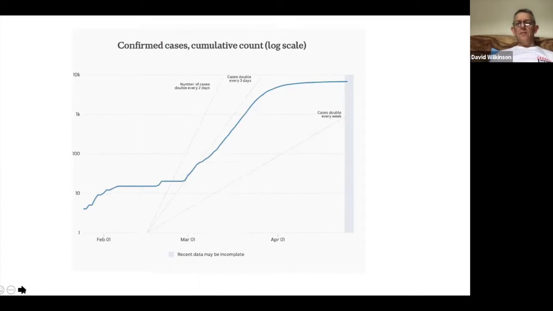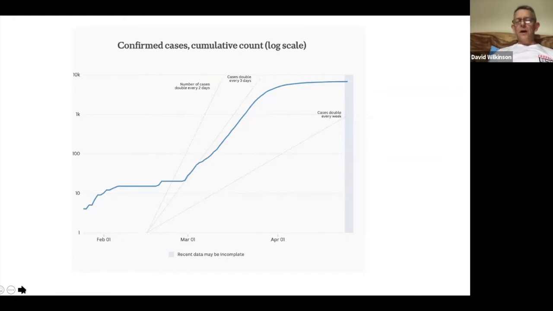This graph shows very clearly that the curve is well and truly flat in Australia, has been for quite some time now, and so the growth in the number of cases each day is very, very small indeed, and you're all aware of this from the media, from the commentary from the Prime Minister and the Chief Medical Officer and so on.